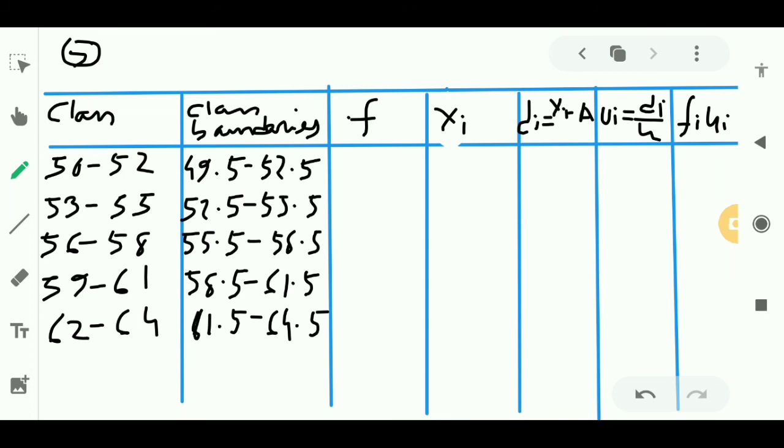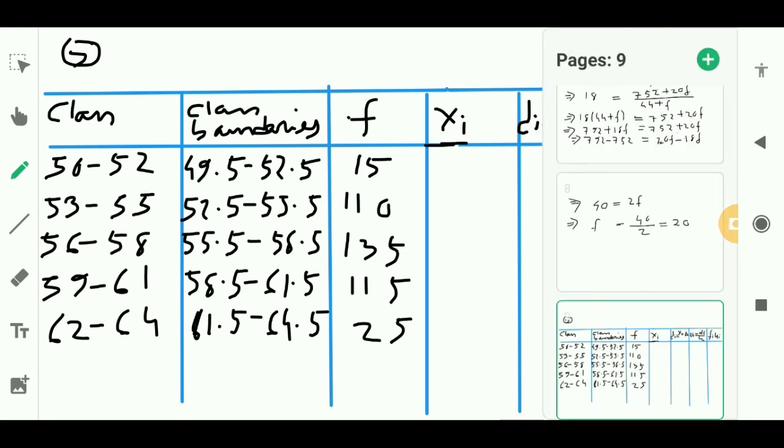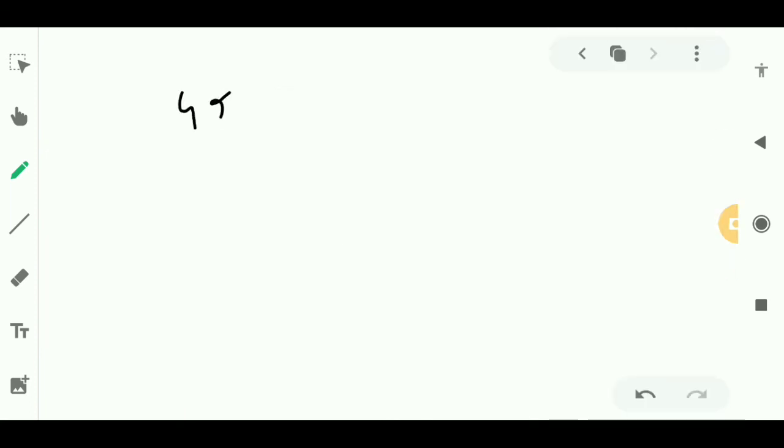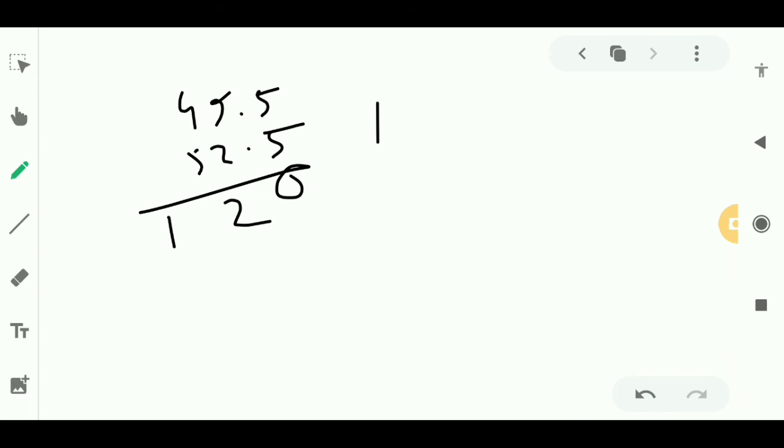Frequencies are already given: 15, 110, then 135, then 115 and 25. Now we have to find the class marks from the class boundaries. So 49.5 and 52.5, if you add, what do you get? 102. 102 by 2 means 51.